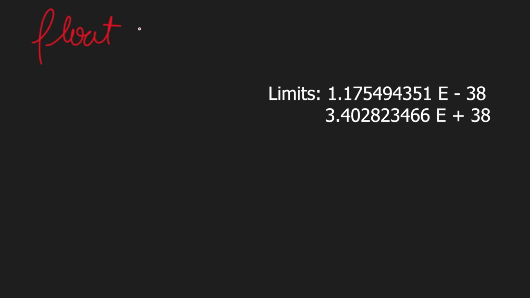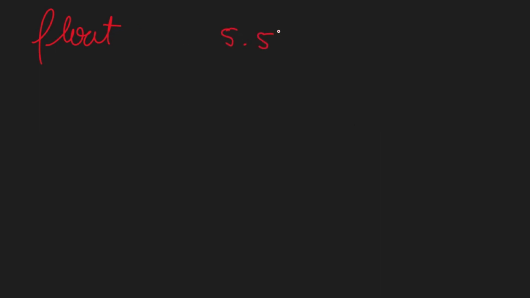Okay, so I'm not going to be able to store 5.5 in an integer value. That's where the float data types come to help us. So the float is going to help us store again negative numbers, positive numbers, 0, but this time we can have numbers with dots. So 5.5, 6.3, whatever. The maximum capacity is going to be negative this number and positive this number.